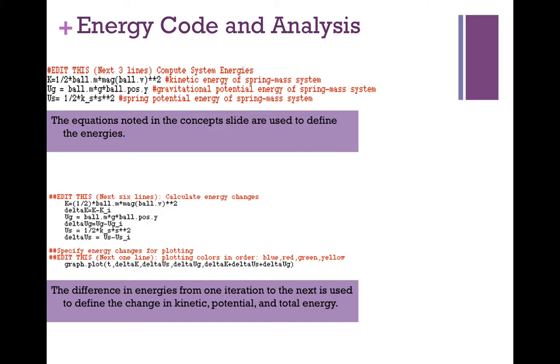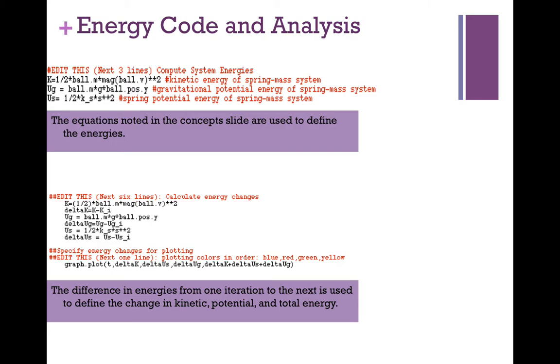We have the energy code and analysis. So we had to, of course, add in the energies that are involved, as discussed earlier. So from the equations that we laid out earlier, we can find the kinetic energy, the potential energy due to gravity, and the spring potential energy.